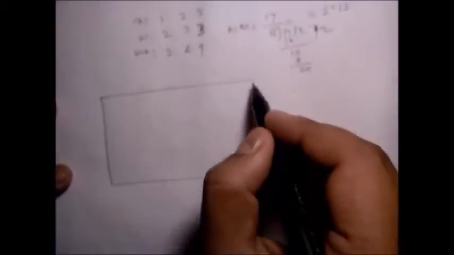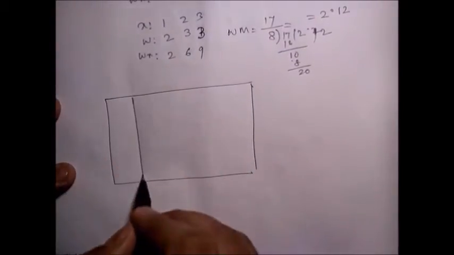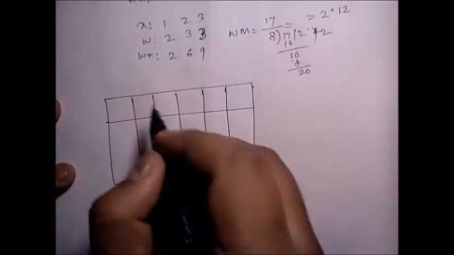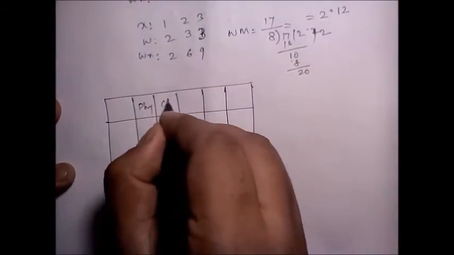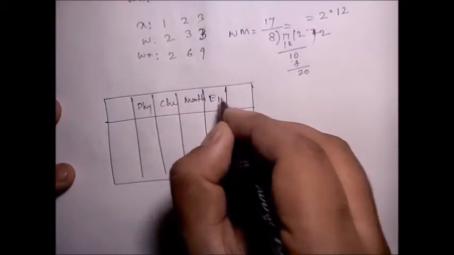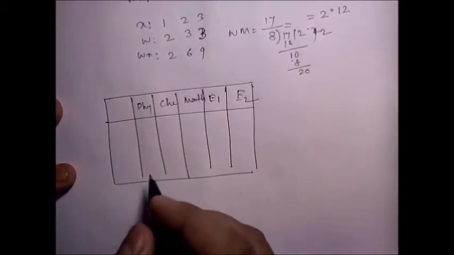Suppose we have one data set for students where we store the student marks. In this particular table, students and their marks are there, for subjects say physics, chemistry, mathematics, English 1 and English 2.